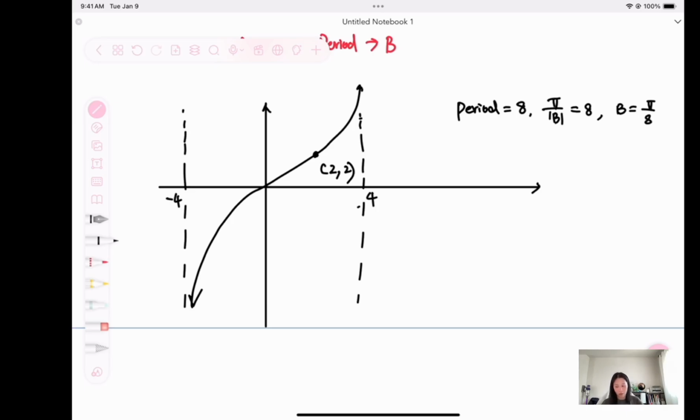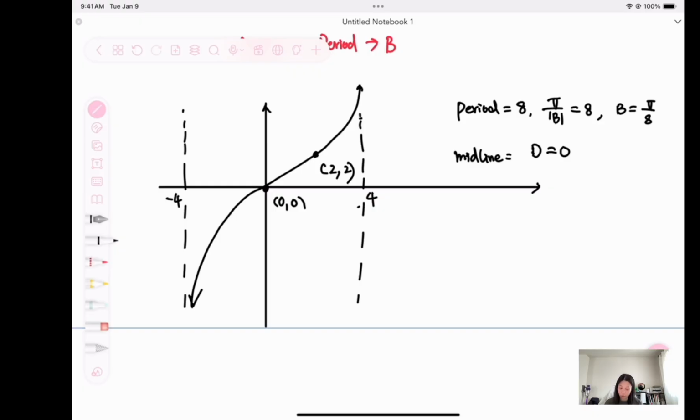Okay, we know the asymptote is equal to 4. Anything else? The midline doesn't change because the center remained 0, 0. So that means I know that d is equal to 0 because y equals 0.